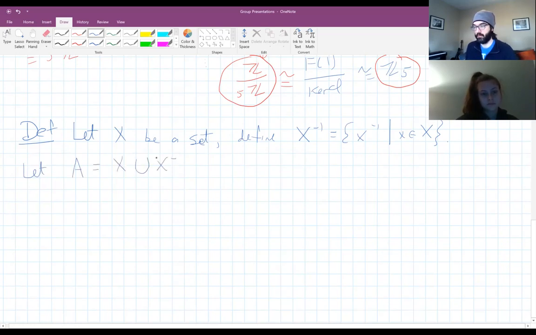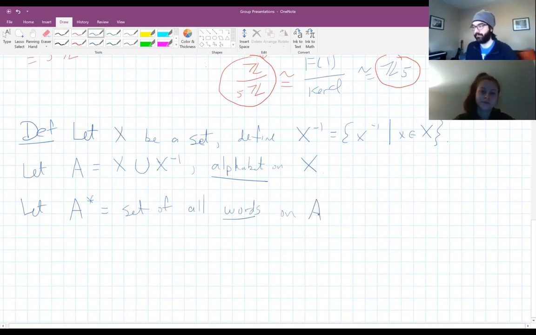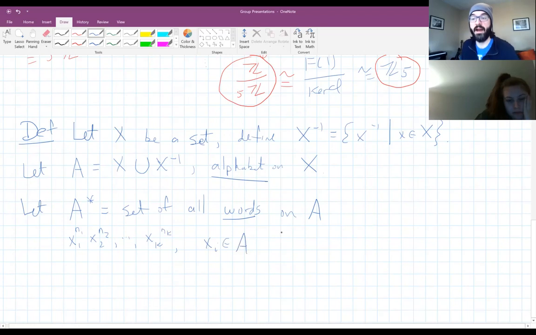Then I'm going to let A be X union X inverse. This is called an alphabet, the alphabet on X. Now I'm going to let A star be the set of all words on A. That means elements of A star are going to be things like x1 raised to a certain power n1, x2 raised to a certain power n2, out to xk raised to a certain power nk, where the xi's are elements of A, so they're elements of my alphabet, and the ni's are integers.